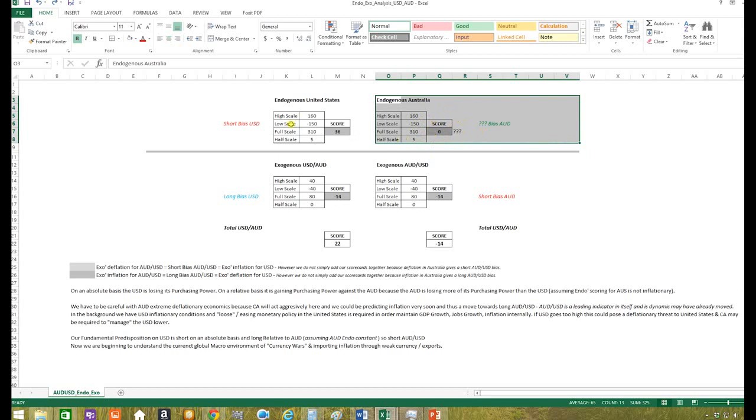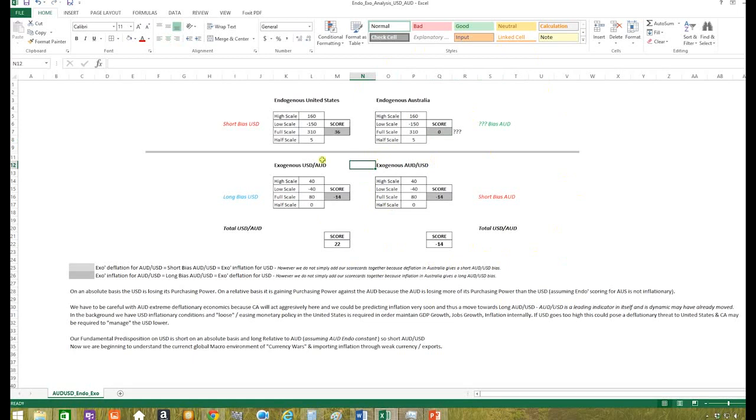So then we move on to the relative situation where we scorecard exogenously, and we're just saying in this overall analysis that endogenously Australia is contributing neither positively nor negatively on the scorecard.